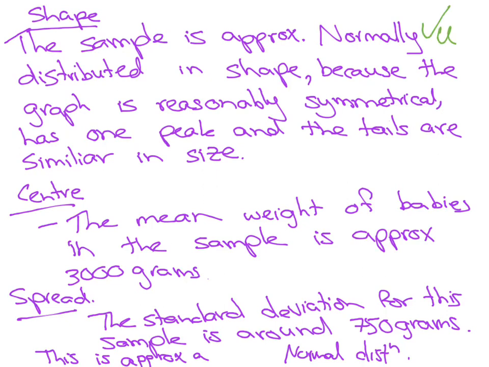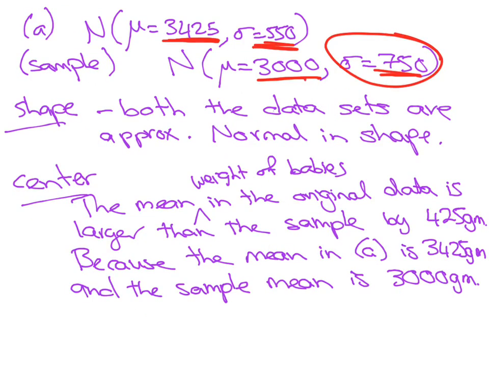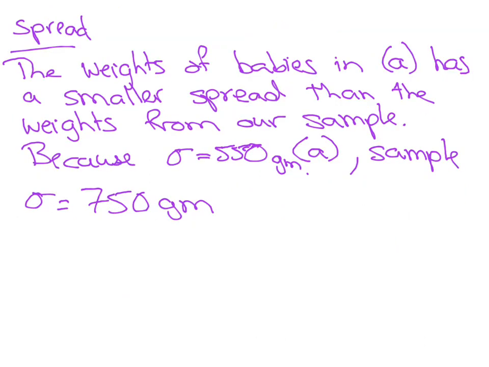If you are then able to make a comparison, for example compare the shape and centre, so compare 2 of those, that gets you the merit. You need the justification. I need that evidence and I need to know how much bigger it is. And then being able to compare the spread gets you through to the excellence.